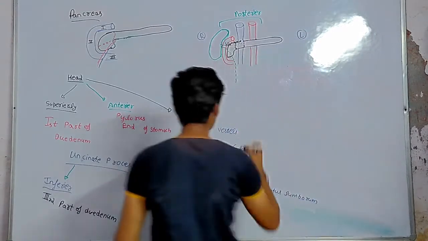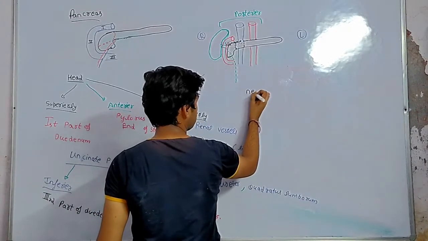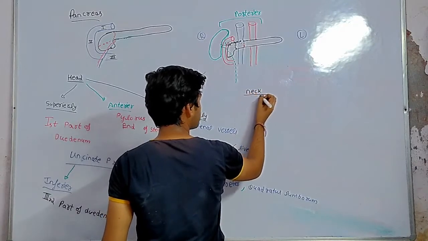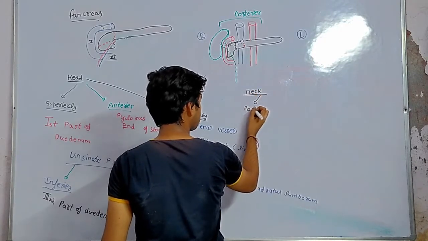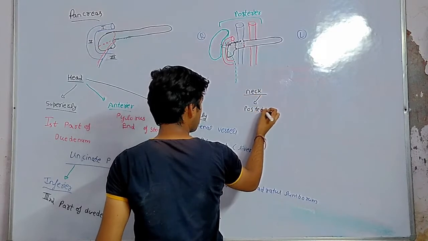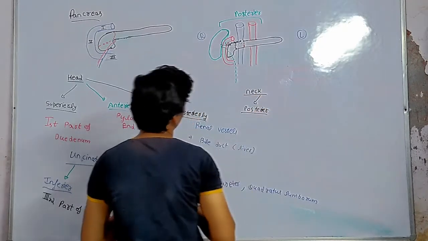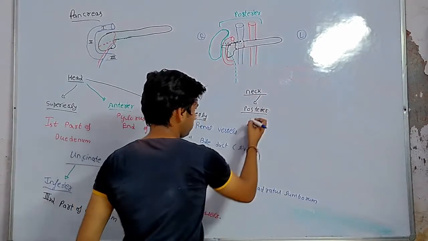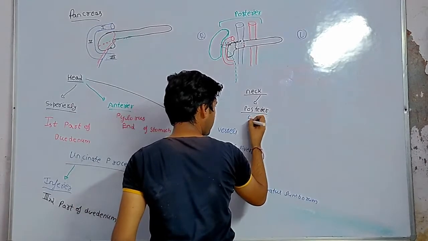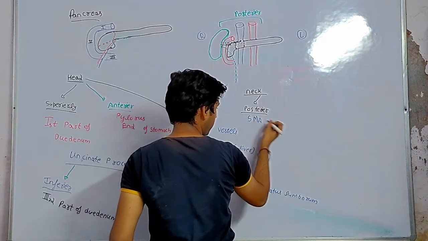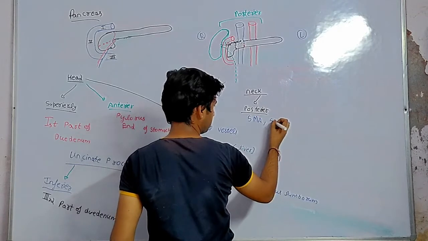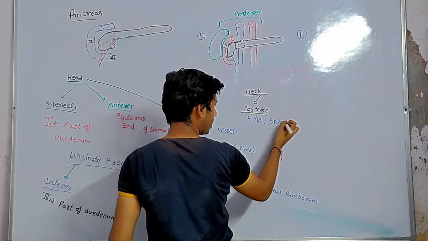Posterior to the neck: superior mesenteric vein and splenic vein. Done.